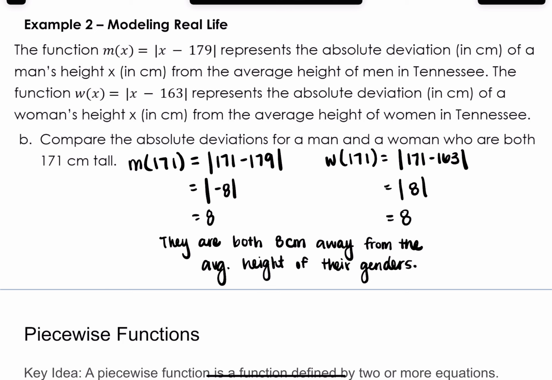All right, so that is it for 1.6. That is what you need to know about absolute value functions.